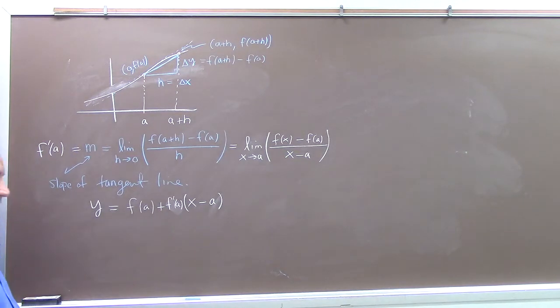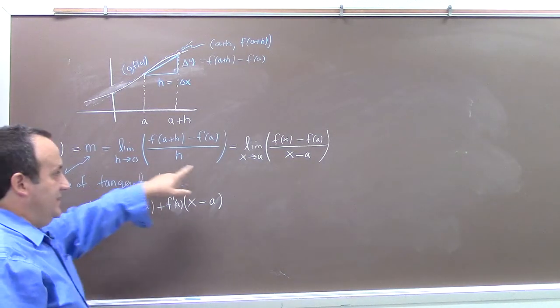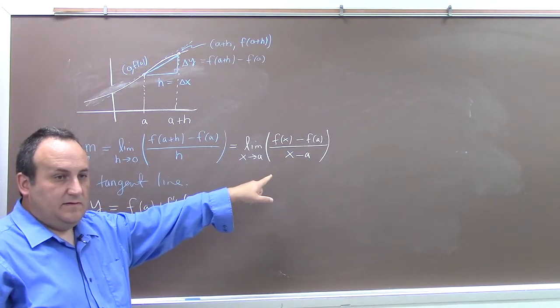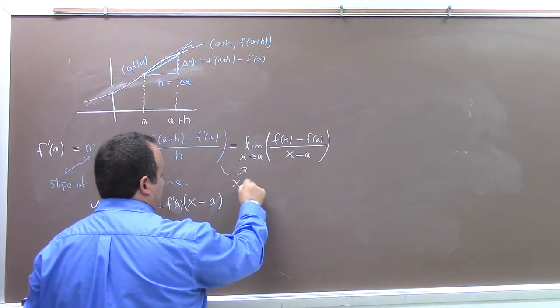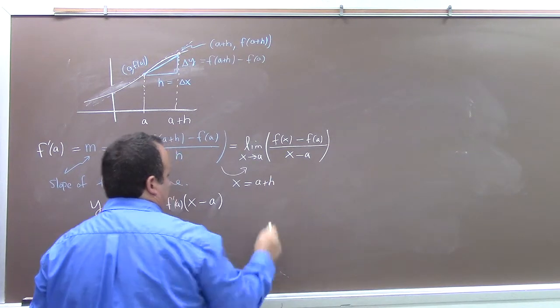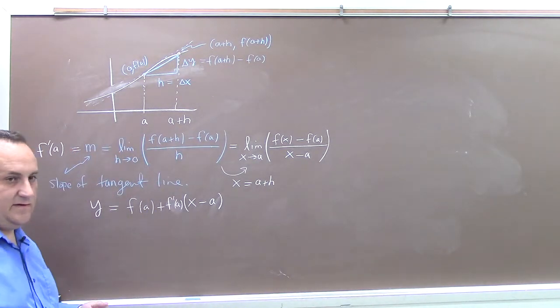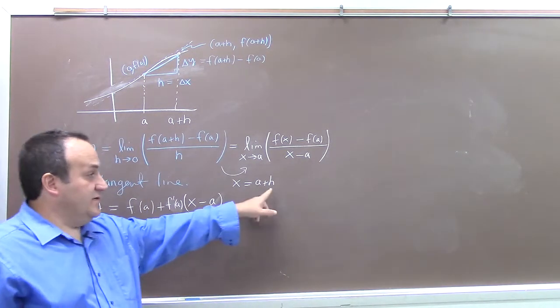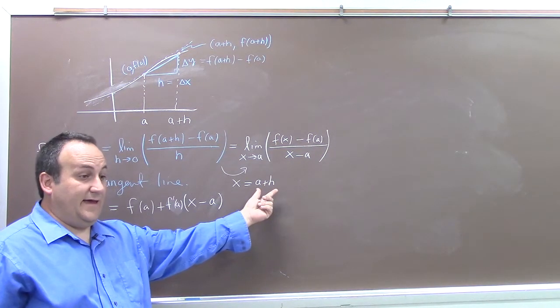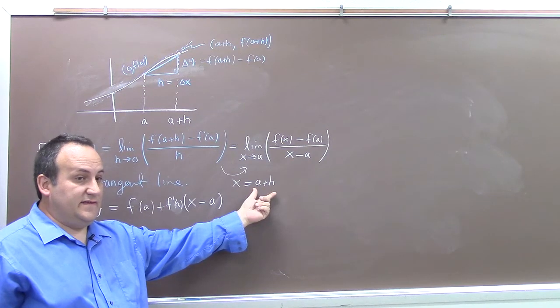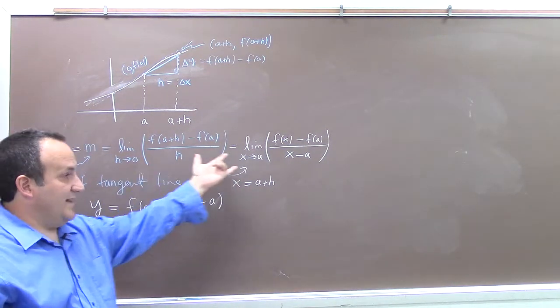It just kind of depends on the problem. To get from here to here, you make a substitution. The substitution is just this: x is equal to a plus h. So if h goes to 0, a plus h goes to a, so you can trade this limit for that limit if you want.